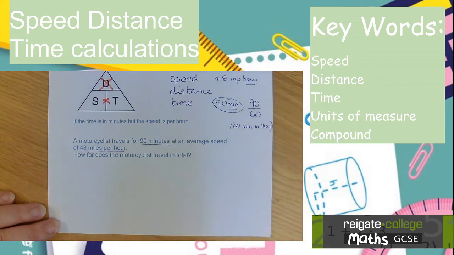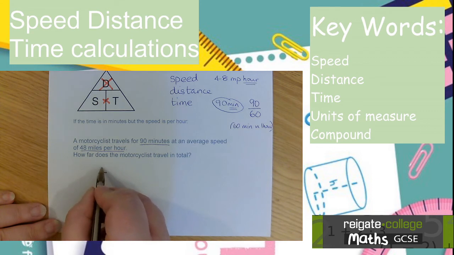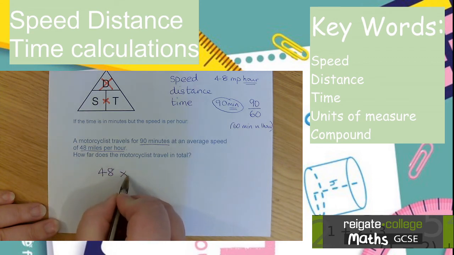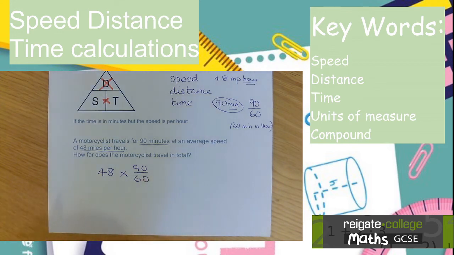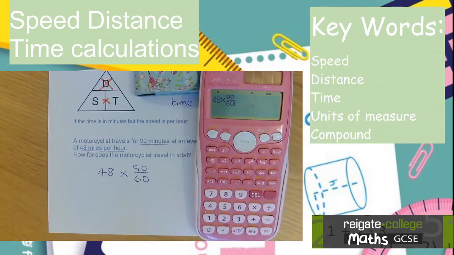So our calculation that we key into our calculator is going to be speed, 48, multiplied by time, 90, over 60. So again, we're going to use the fraction button. So this is what the calculation looks like in the calculator.